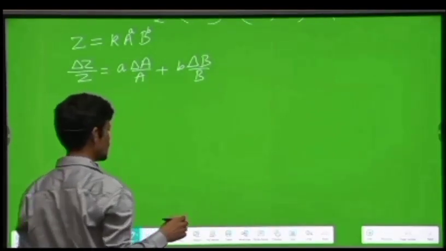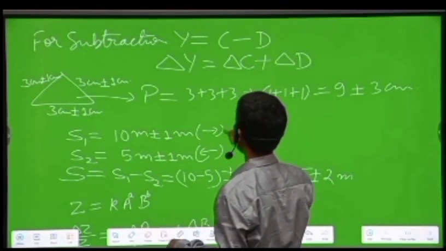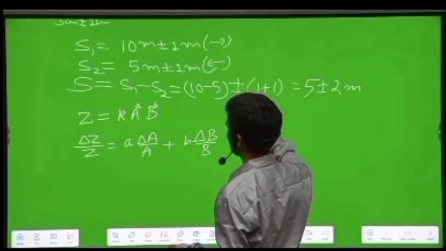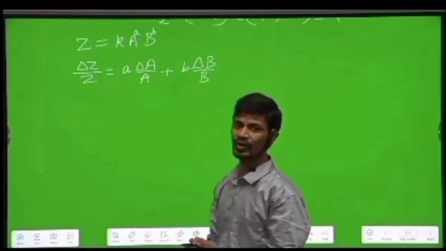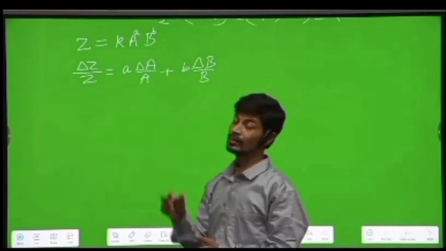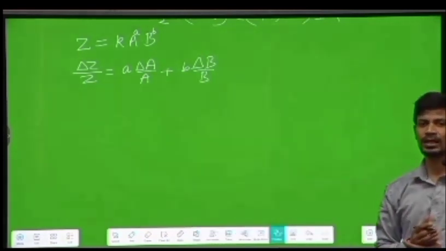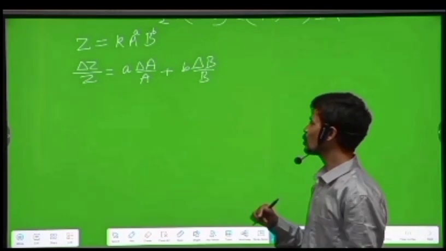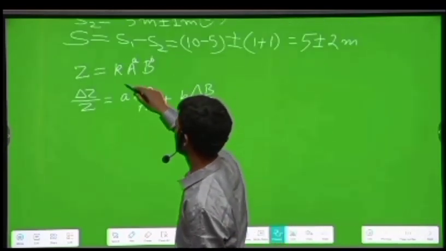And like in addition and subtraction, we were having that error part separately. Here we can't have that part separately. We can only have this relative error term. Why is it so? And that constant part will also be eliminated. Why is it so? Because there is a derivation for this. One more thing I want to add here. Here we take this as mod.